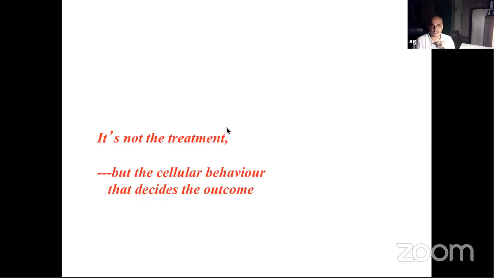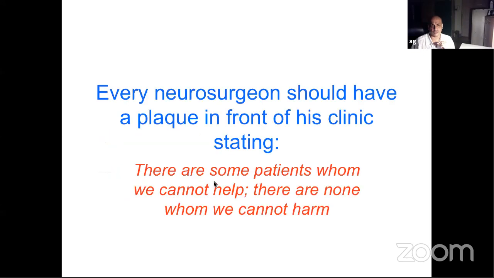It is not the extent of resection, but the cellular behavior of the tumor that will decide the ultimate recurrence of this tumor, for any tumor for that matter, and for meningiomas in particular.